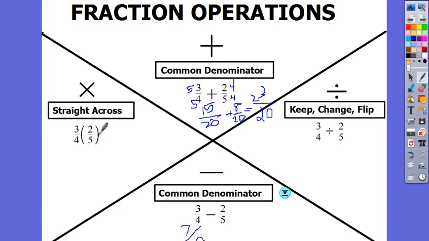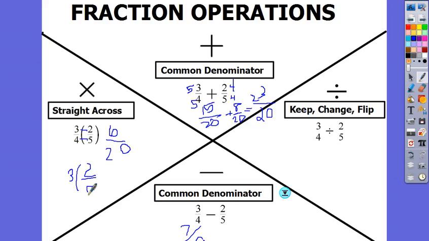When you multiply, you want to multiply straight across numerators and denominators. So when you multiply here straight across, 3 times 2 gives you 6, and 4 times 5 gives you 20. Now, this still holds true if you're multiplying something like 3 times the 2/5.